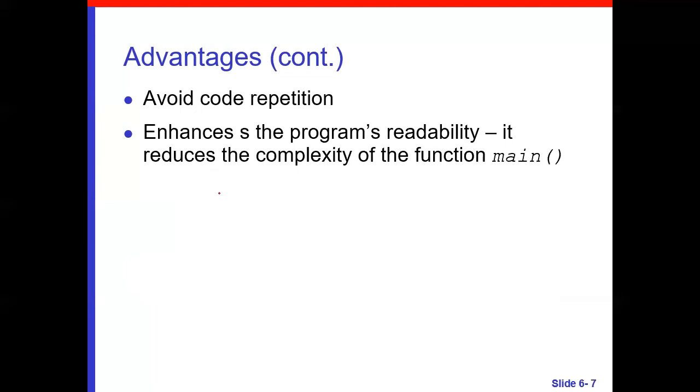It reduces the complexity of the function main. We want to reduce the complexity of the function main. So in other words, we want to reduce the process inside the function main. We want to make the main function faster to execute. That's why we use functions.